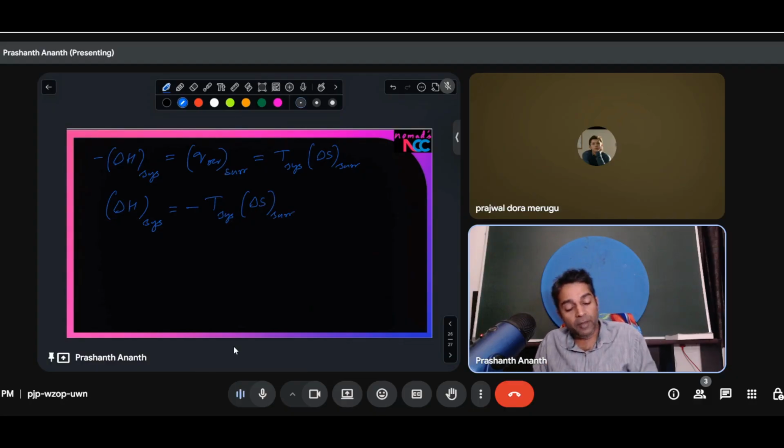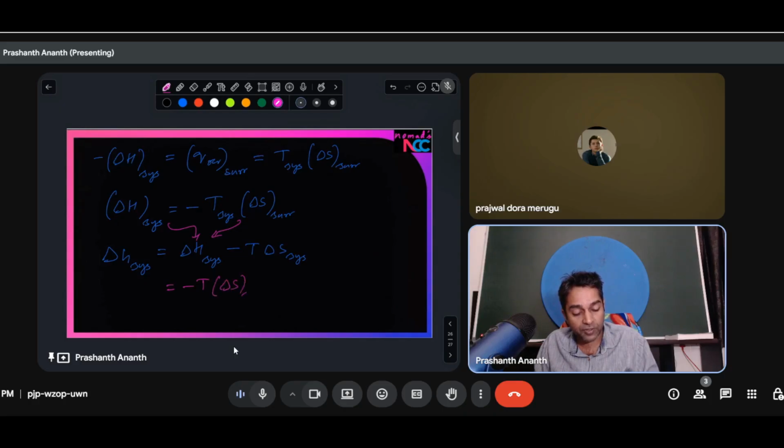Now, if I am going to be looking at what is delta G of system. Delta G of system works out as delta H of system minus T delta S of system. Temperature of course is temperature of system, so I don't need to mention it every time. Substituting this over here completely, I get minus temperature into delta S of surroundings minus temperature into delta S of system.